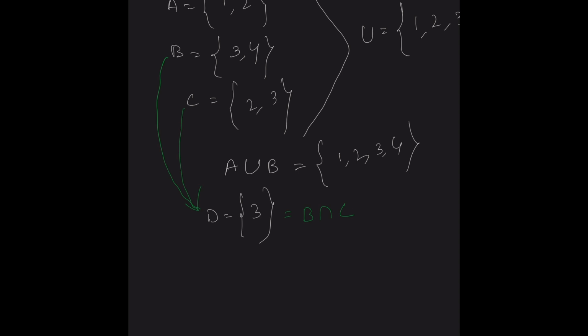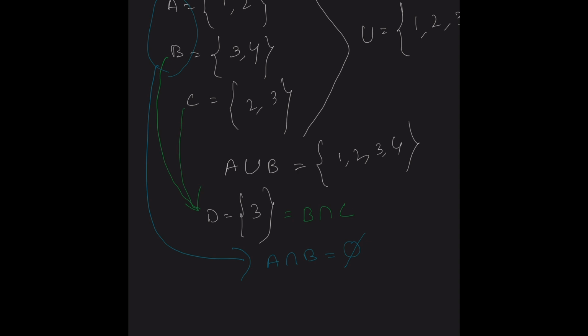So, for example, here you can see that A intersection B is an empty set because it does not have an element in common. So this is called A and B disjoint to each other.